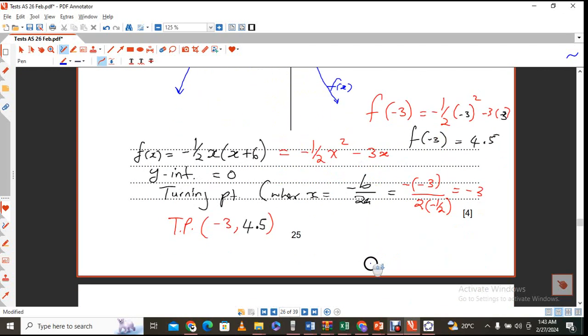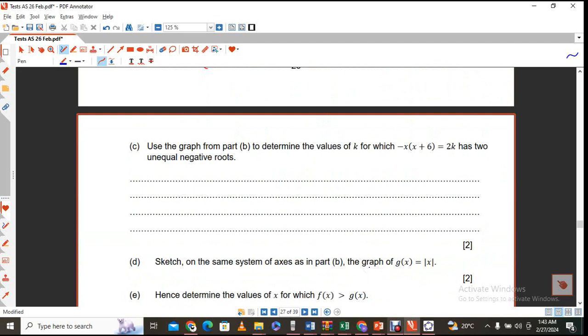Okay, now they say use the graph from part B to determine the values of k for which this has two unequal roots. So first of all, let me just make sure that this is also the same by dividing throughout by 2.